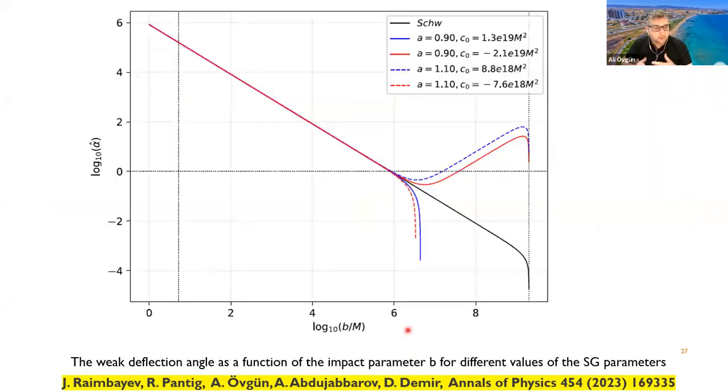We also calculate the weak deflection angle using the Gauss-Bonnet theorem, and we plot alpha versus impact parameter B for different values of the Symmergent parameters A and C0. The figure shows the exact formula as a function of the impact parameter B for a nearby observer, and the Schwarzschild case is the black curve.